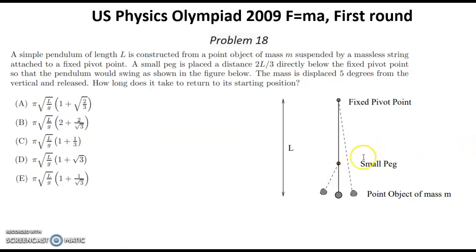So we can just estimate this motion like this. First we have a quarter of the long period while the pendulum swings through this construction, but when the string reaches the peg, it starts to oscillate with a length of just 1/3.